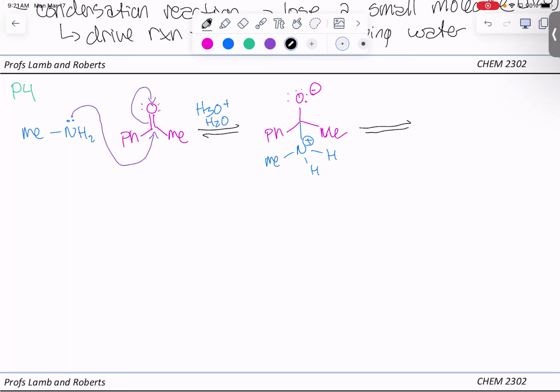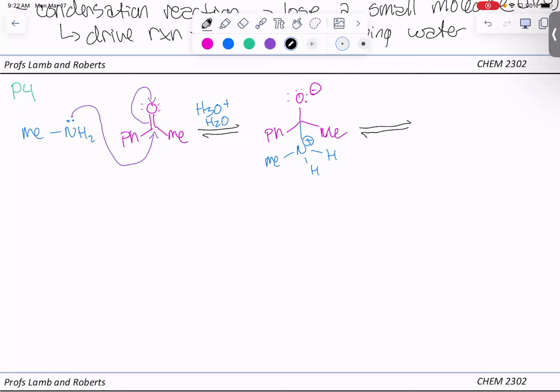The reason is that in a reaction, things usually happen one at a time, but you could switch the order of these steps if you wanted. Essentially, at the end of the day, we're trying to get to a neutral species. So we need to take care of this negative charge by protonating it, and we need to take care of this positive charge by deprotonating it. The order in which you do that does not really matter.